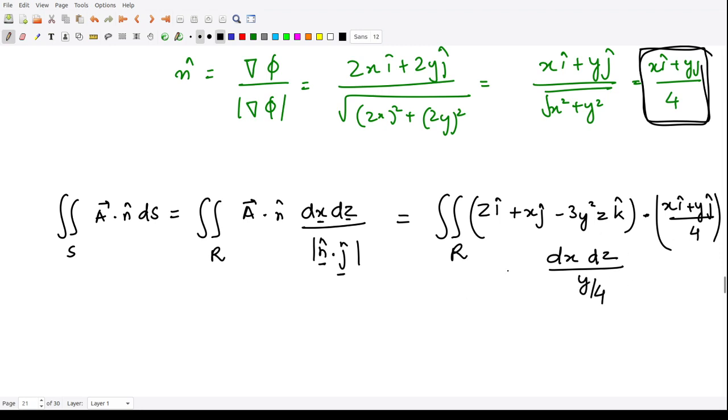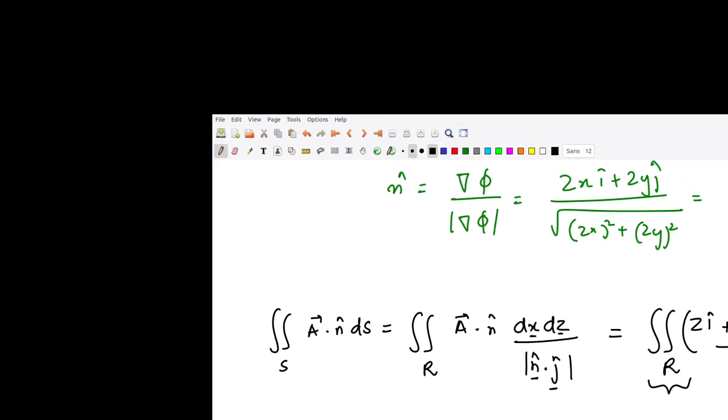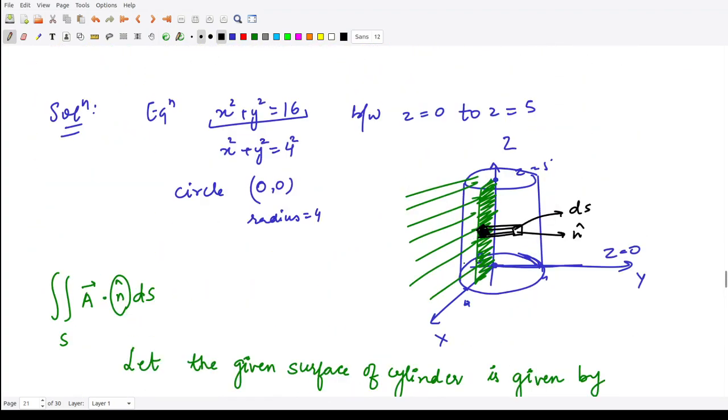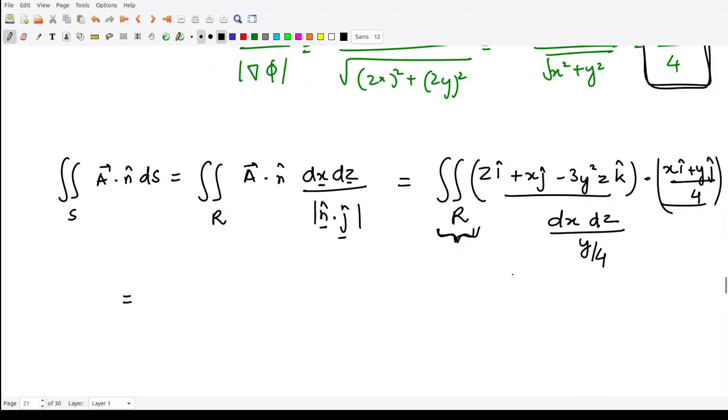So here you have to first calculate this thing, and then take its limits, and then solve this particular integral. In order to solve this integral, we have to calculate the limits. So for the limits, let's go back to our figure. Here we are to take the limits of dx, that means x, and dz, that means z.